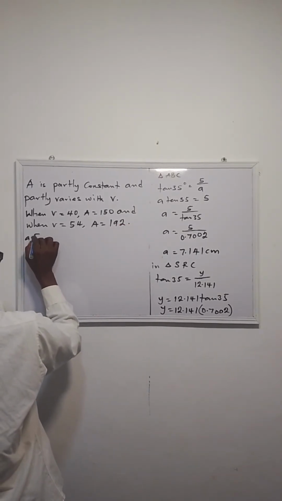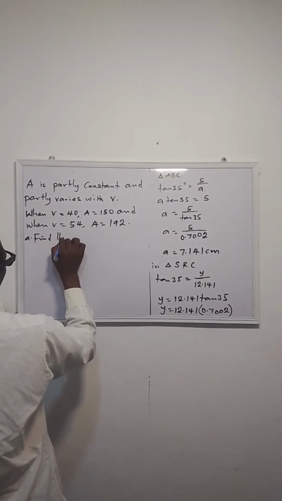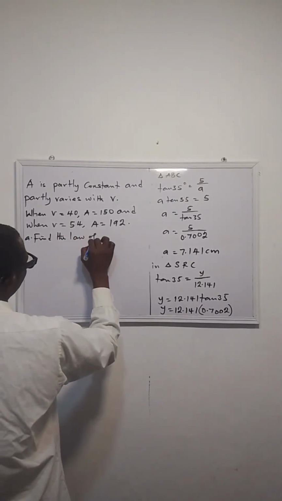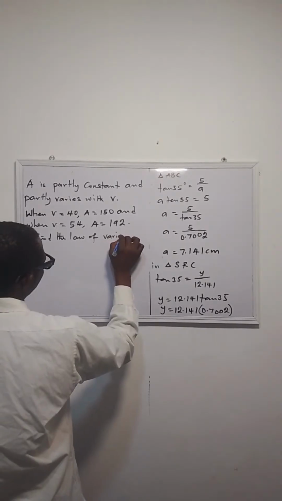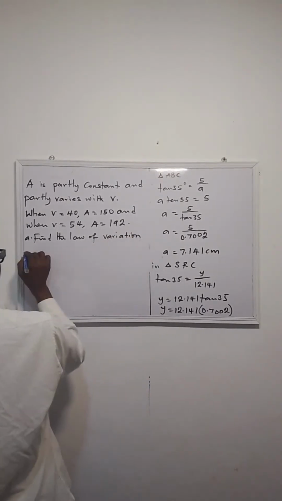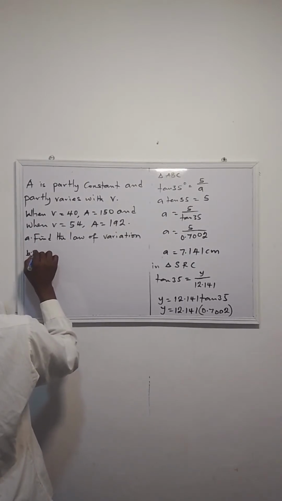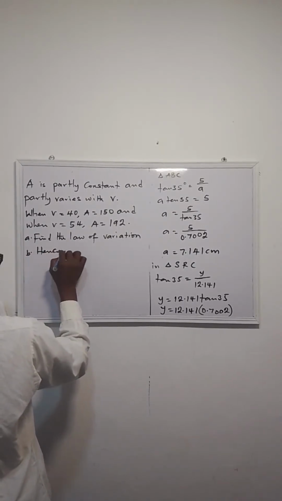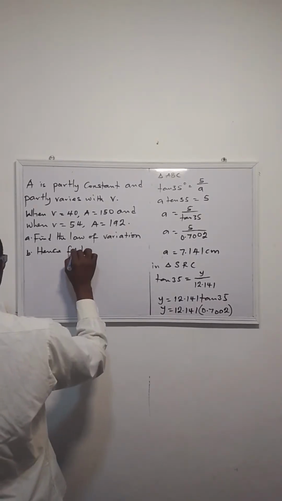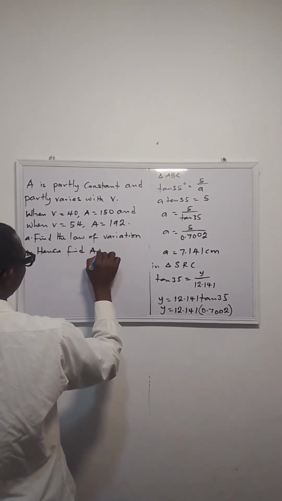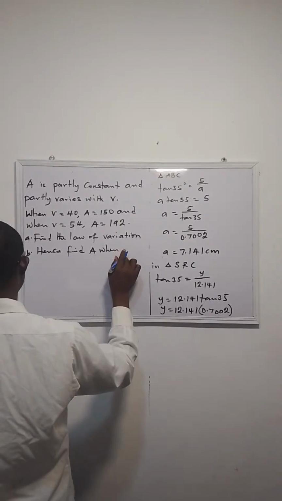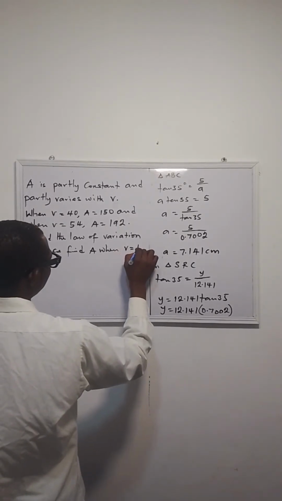A, find the law of variation, and B, hence find A when V is 10.